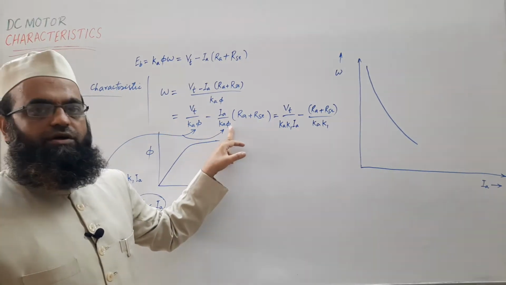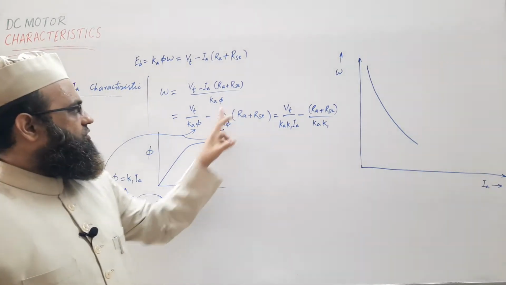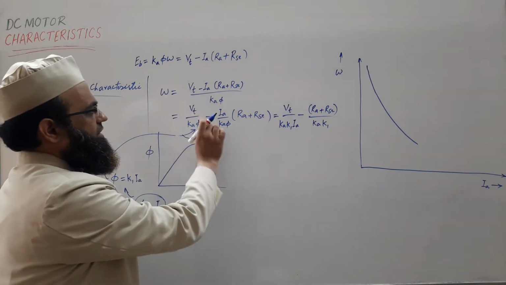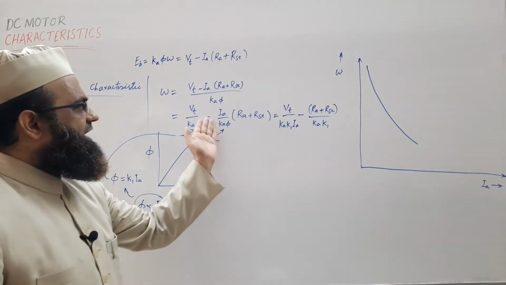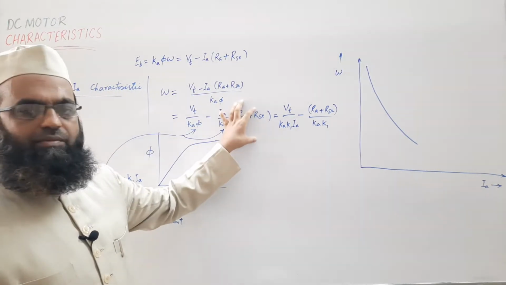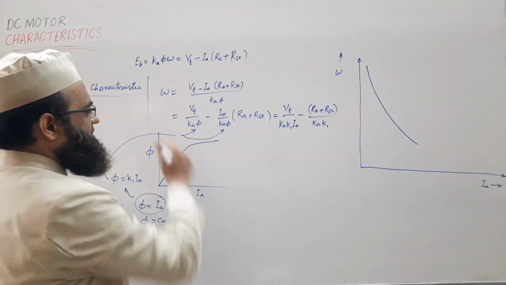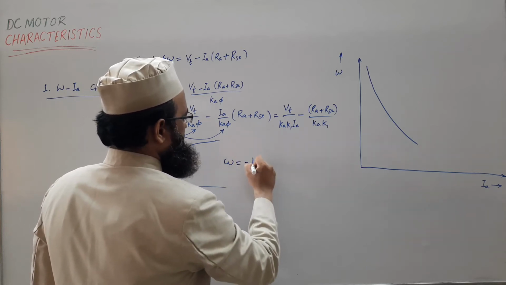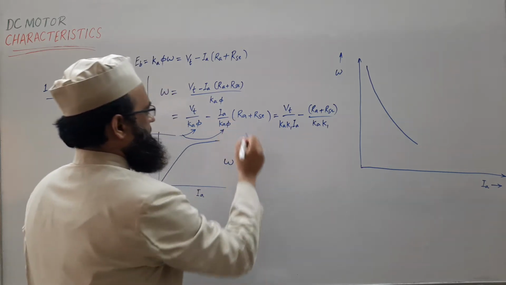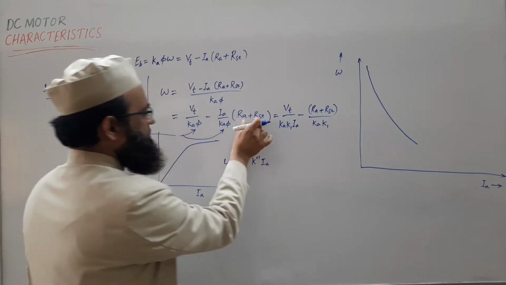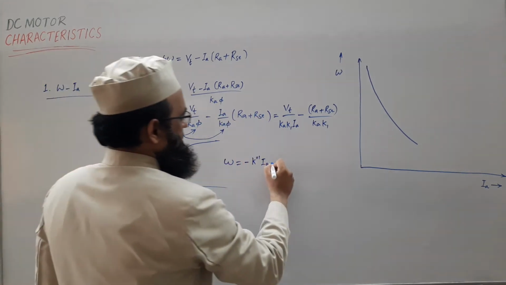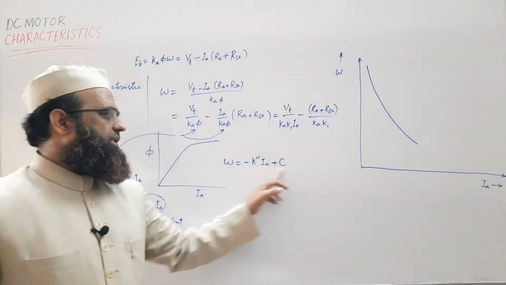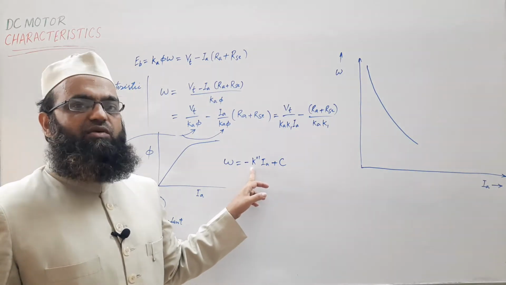So this becomes some constant minus a straight line, like y equal to mx plus c having negative slope: omega equal to minus k triple dash Ia plus some constant c.